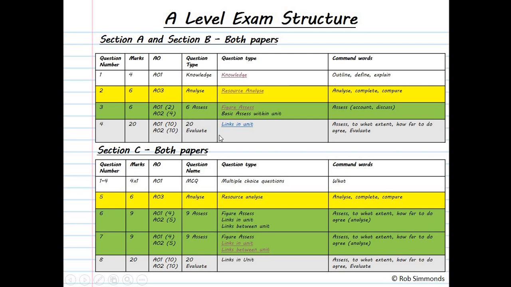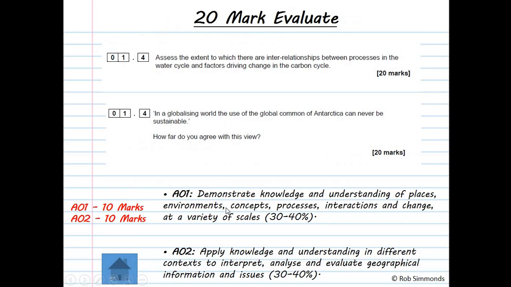Lastly, in section A and B, you will come across a 20-mark evaluate question. In these, you will be assessed 10 marks on your AO1, so your key knowledge, and AO2 on your ability to apply, interpret, and evaluate in relation to the question. So a good example, the top one.